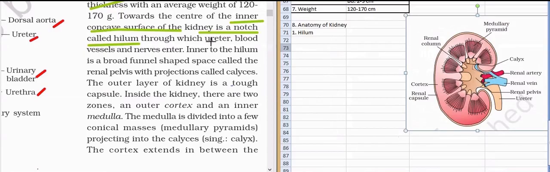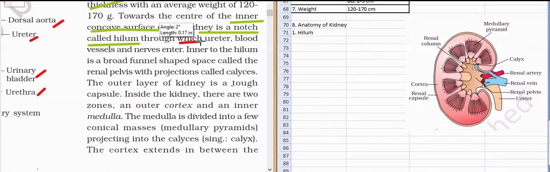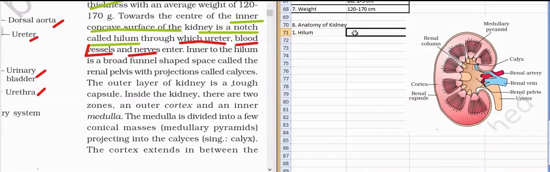In this, the ureter, blood vessel and nerves enter. So you have to write that ureter, blood vessel and nerves are entering.